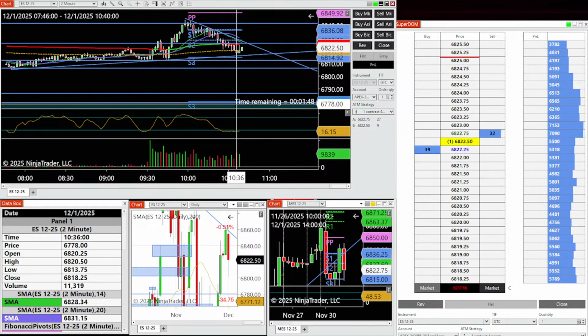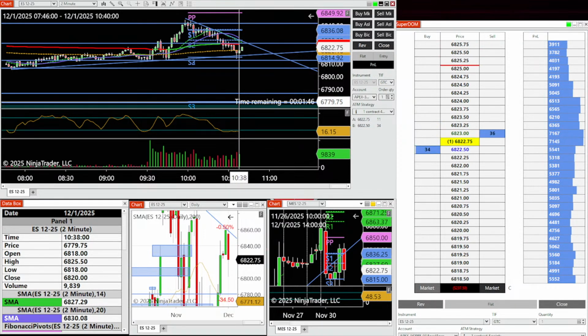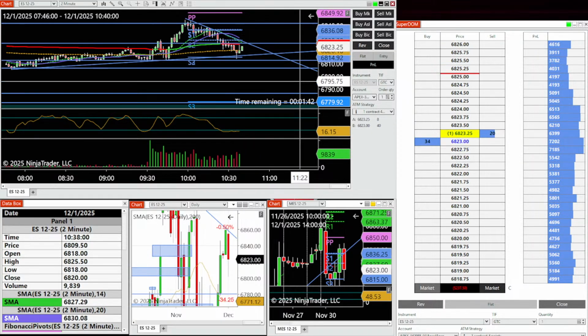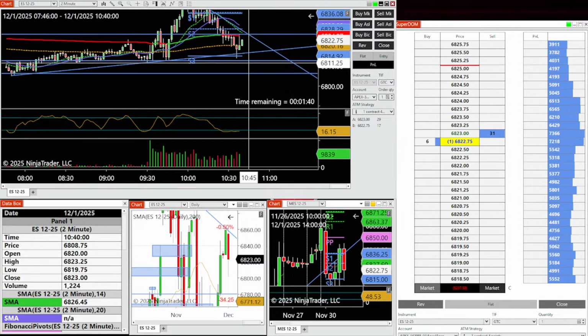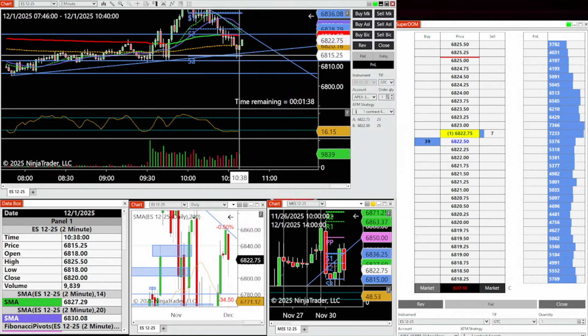Look at this low, 1375, high, 2550. Just making a low, popping.